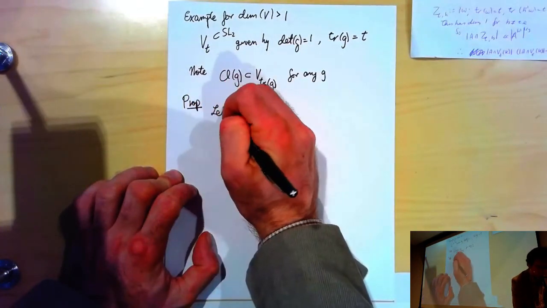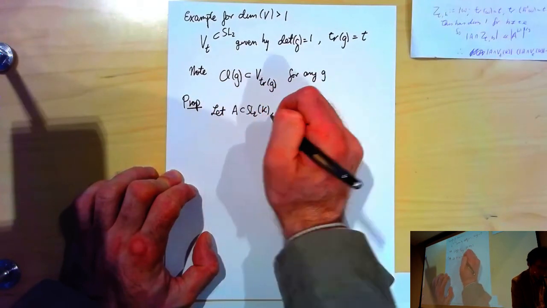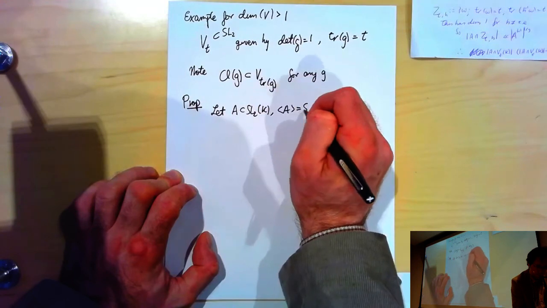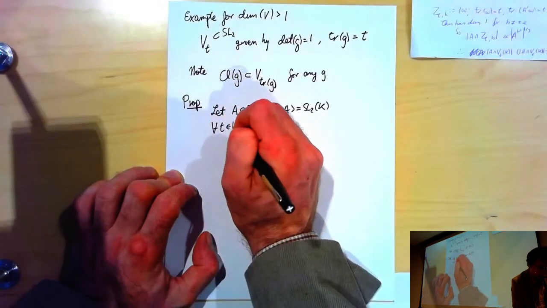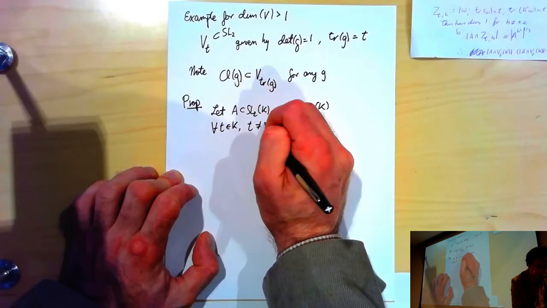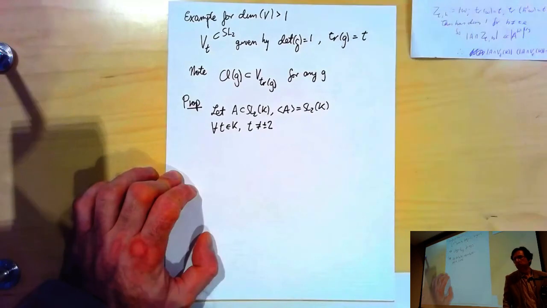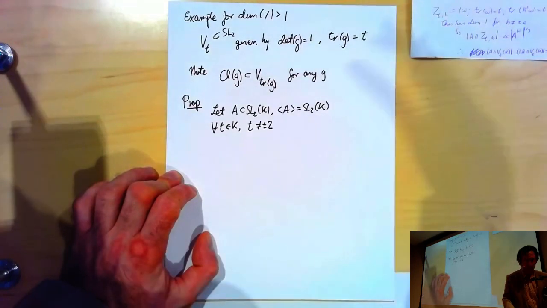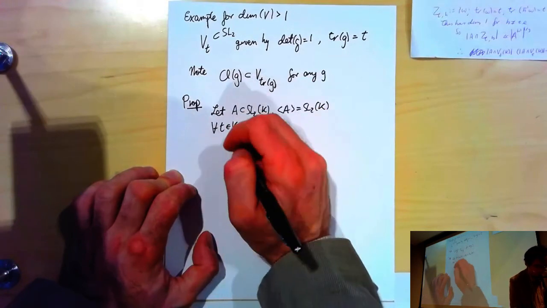So, it's just the same as before. A in SL2(K), and for every t in K distinct from plus minus 2. Trace 2 and minus 2 is sort of evil because that includes the case of 2 eigenvalues equal to 1, you have unipotent elements. This is the same as asking for things to be regular semi-simple.